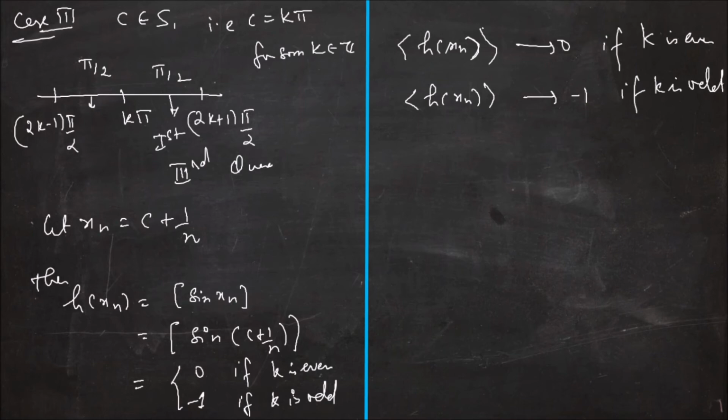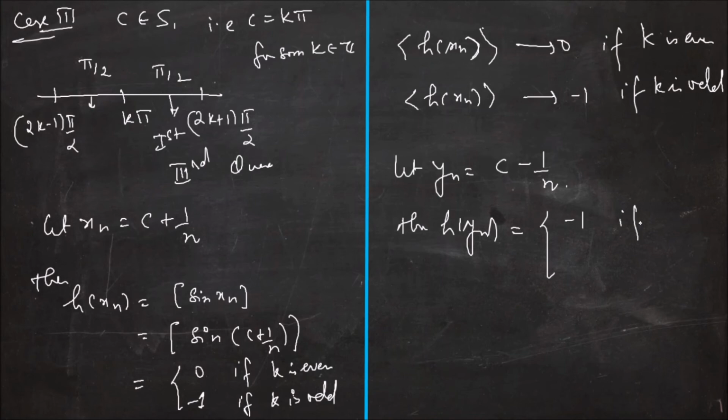Now we will take another sequence. Let yn is equal to c minus 1 by n. Then yn will belong to this interval, and if k is even, then this is the fourth quadrant, so negative, so it will be -1, and if k is odd, then it will be the second quadrant, so positive. Then h of yn will be equal to -1 if k is even and 0 if k is odd.